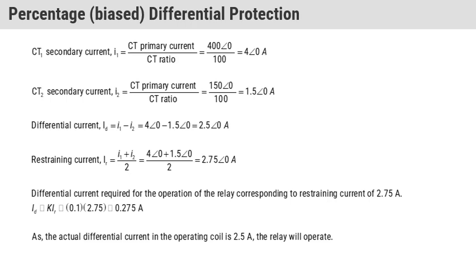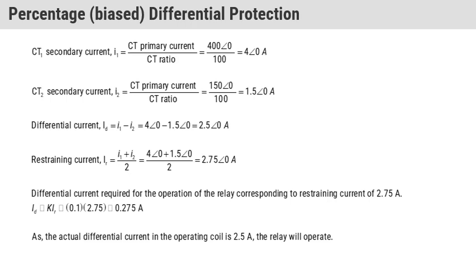The restraining coil current is the summation divided by 2, which means the average of both currents. If we take the average, we have 2.75. So here the restraining current is more than the differential current.